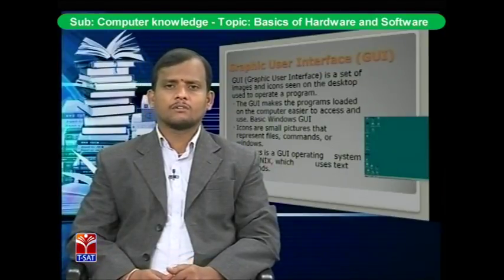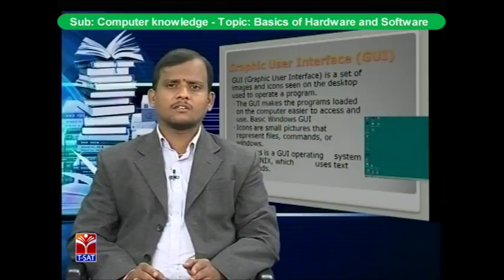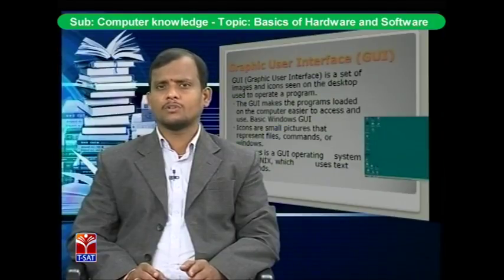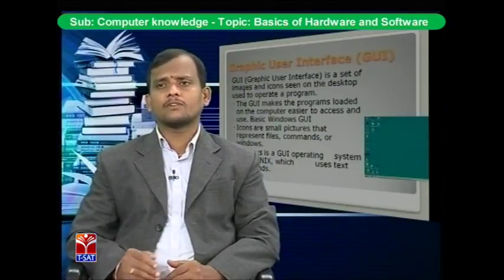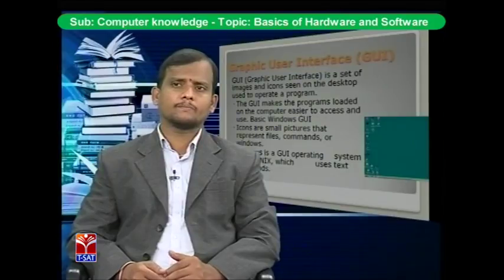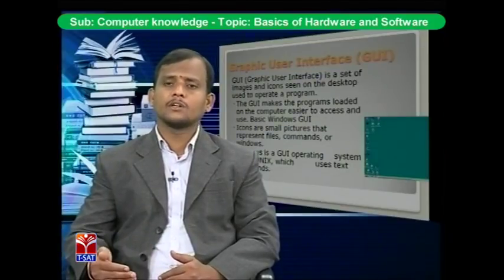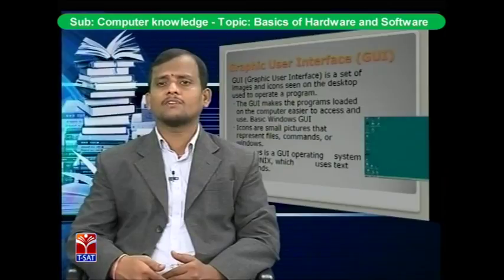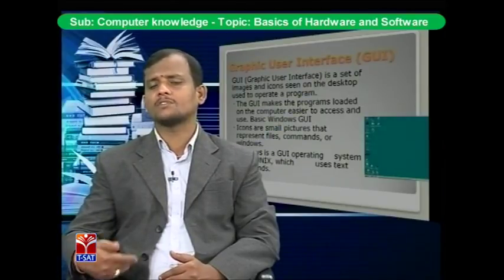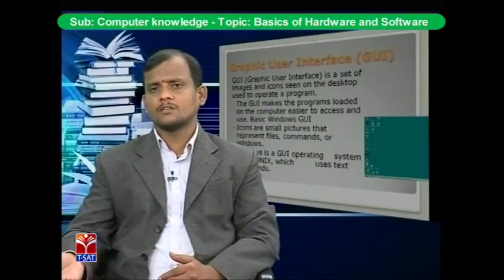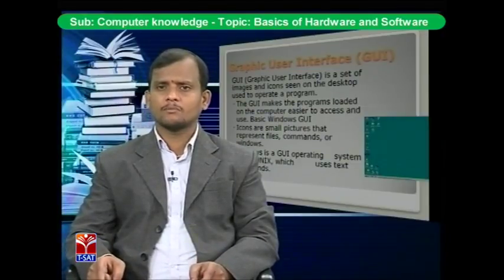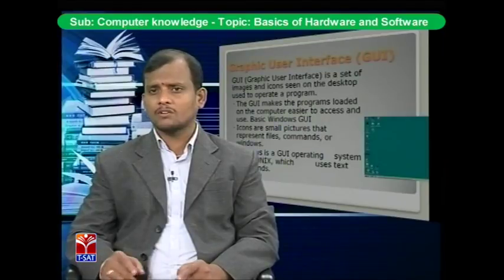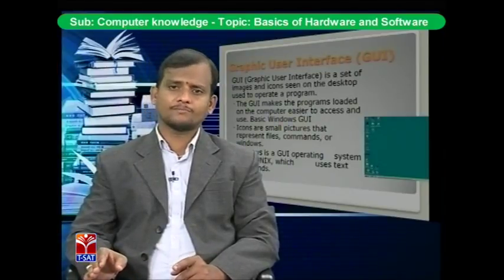The agenda is just to understand what this GUI, graphical user interface, is: the interface using which we can instruct or browse the computer, or give commands to it. The screen you are seeing is a desktop, and whatever you can see on the desktop is called icons.